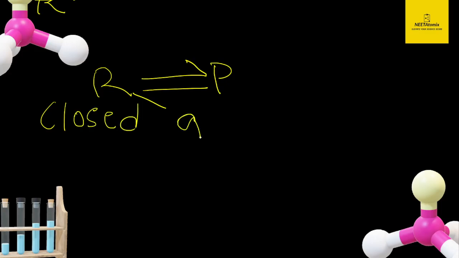Because if there are gases in the products and they want to be converted into the reactants, they have to be in a closed vessel so that they react simultaneously and the reaction never goes to completion. A dynamic equilibrium is established, but there is never completion of the reaction.